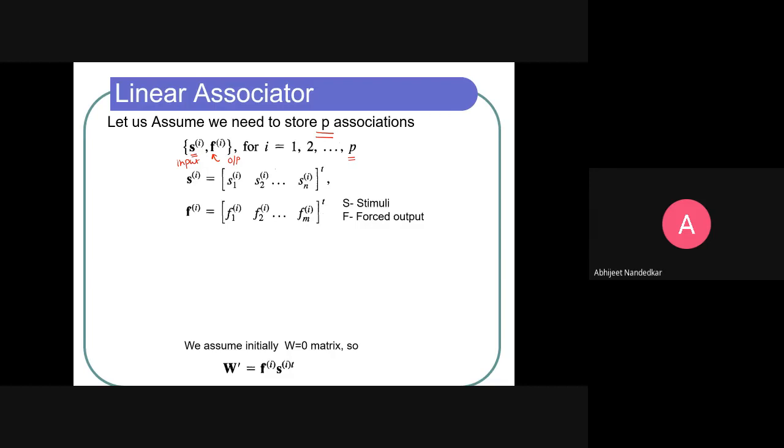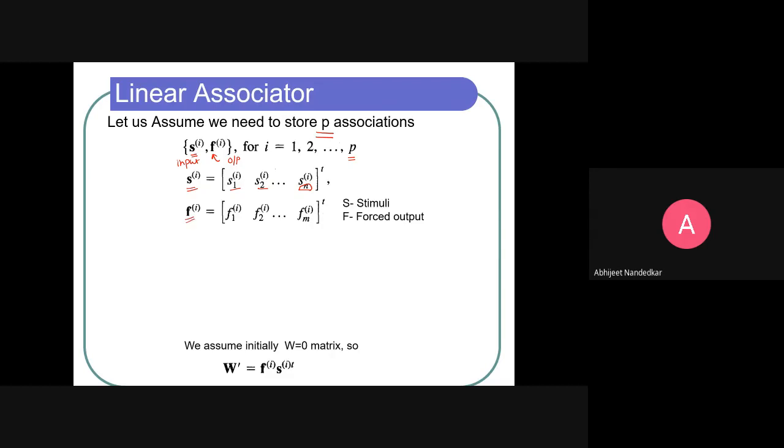Suppose I take Si as a generalized input vector, then Si consists of S1, S2, up to Sn, n number of values. Similarly, F is my output, the forced output.